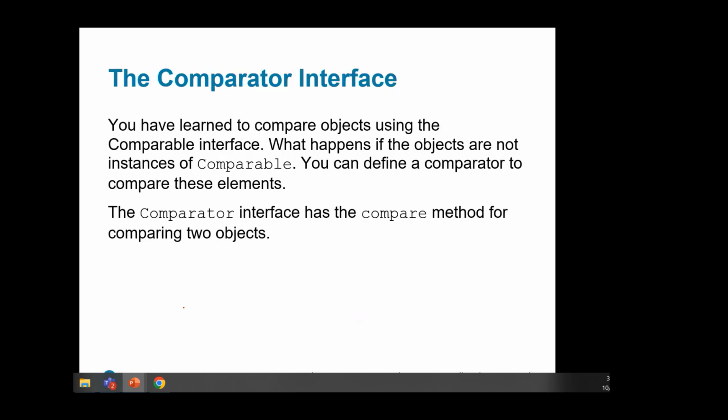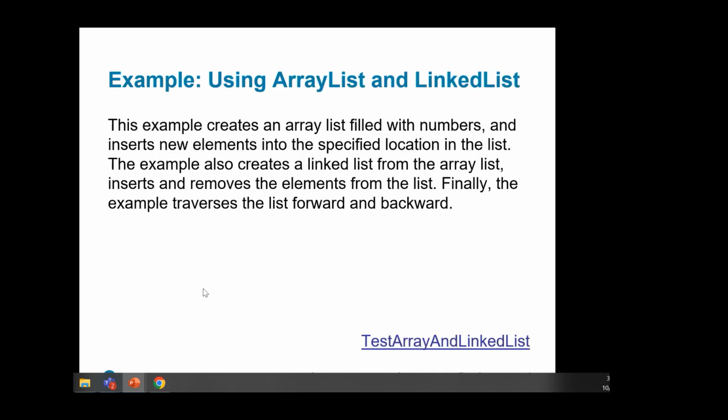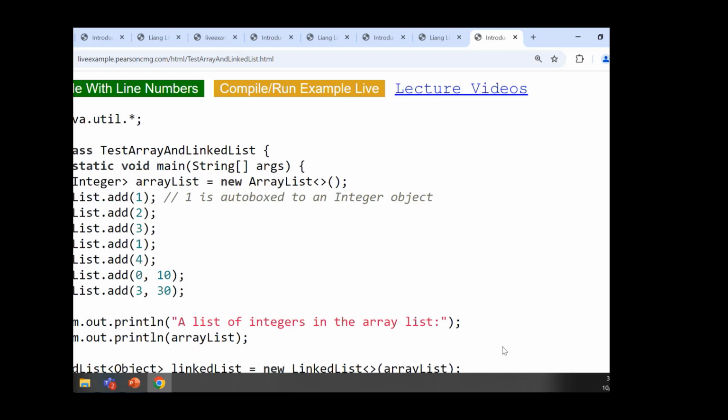So here is one example of array list and linked list. You will see that most of the functionalities are the same. Although they are implemented in different ways, either array or linked list, most of the functionalities that they offer are the same.